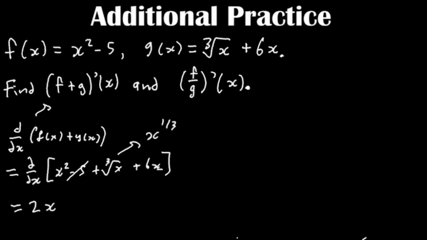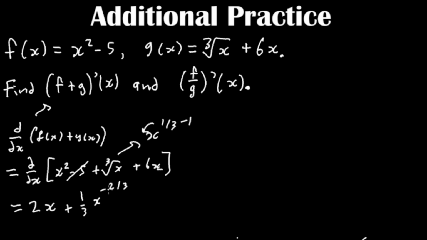So, remember we bring this down, and then we drop the power by 1. So, our derivative is going to become plus 1/3 x to the 1/3 minus 1 is negative 2/3.